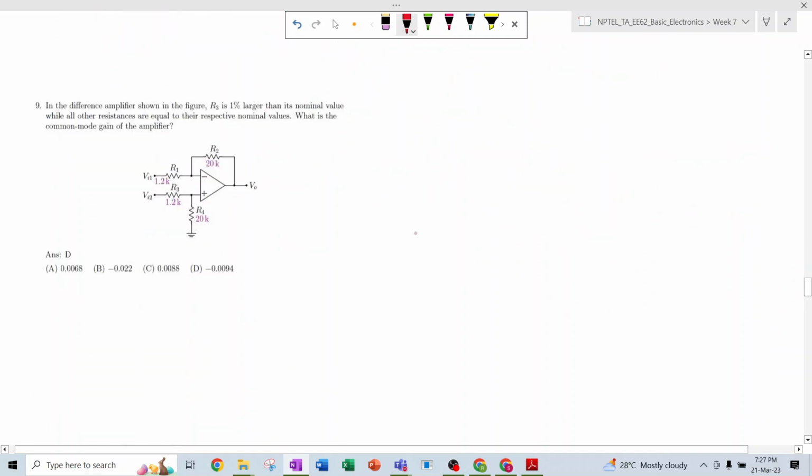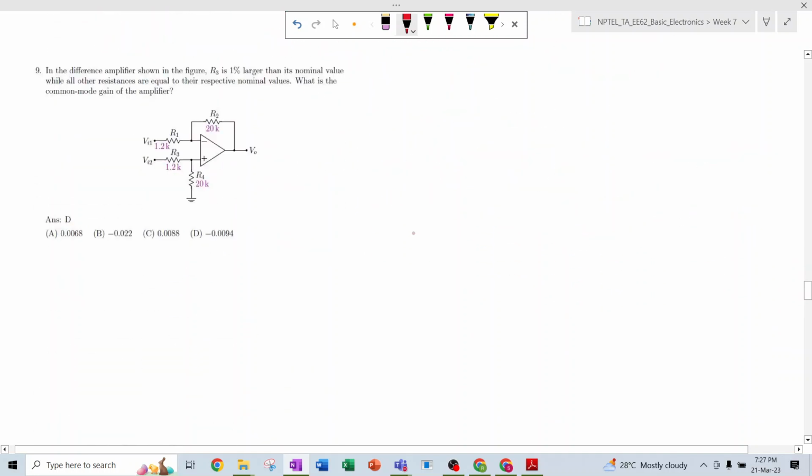Okay. In the next question, in the difference amplifier, now R3 is 1% larger, so it is changed to 1.2 plus 0.012, that means 1.212 kilo. So what is the voltage?